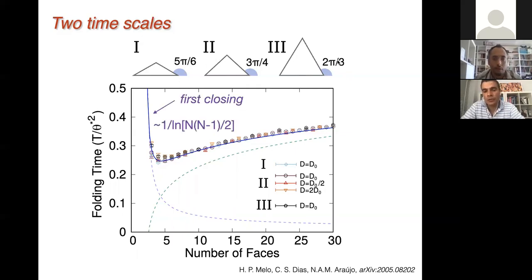The 1, the 2, and the 3 are sets of simulations with different angles. The way to correct for the angle, as a first approximation, is to divide the time by theta square, where theta is the closing angle. In this case, 5 pi over 6, then 3 pi over 4, and 2 pi over 3.